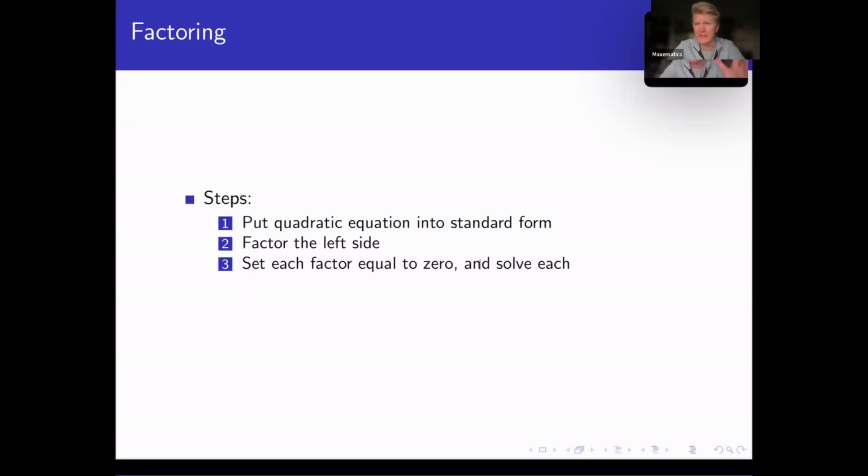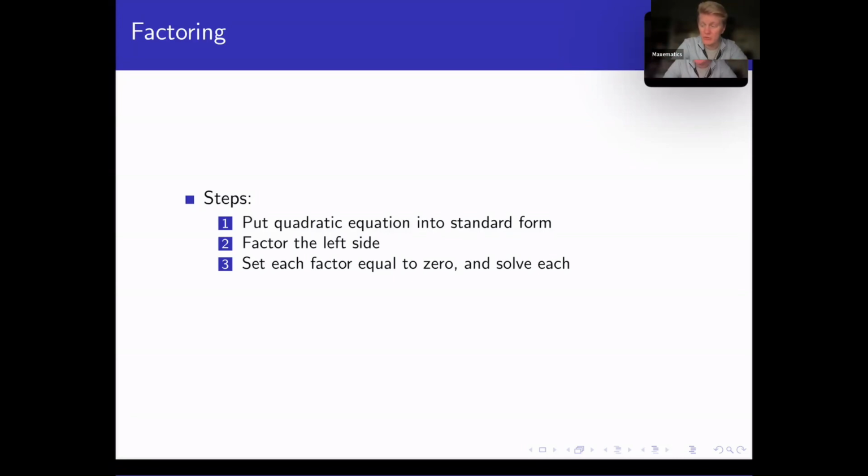So let's explain why. When you have something factored, some factor times another factor equals 0. Well, we're saying that we have two things that when you multiply them, they equal 0. What's the only way that two things can multiply to 0?